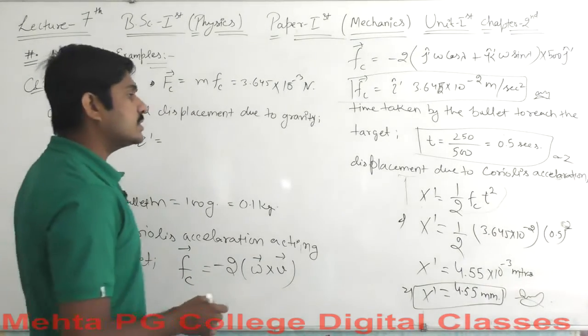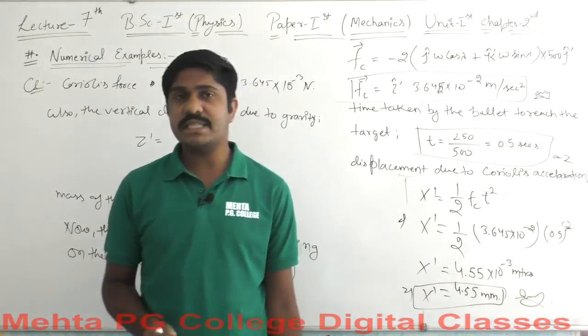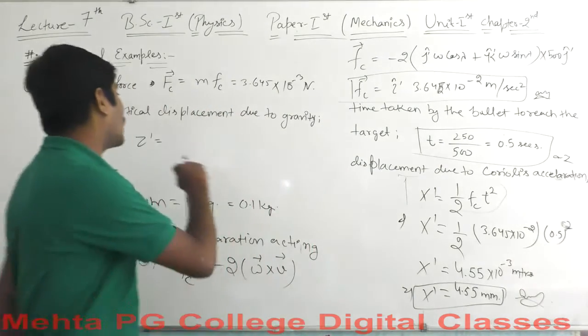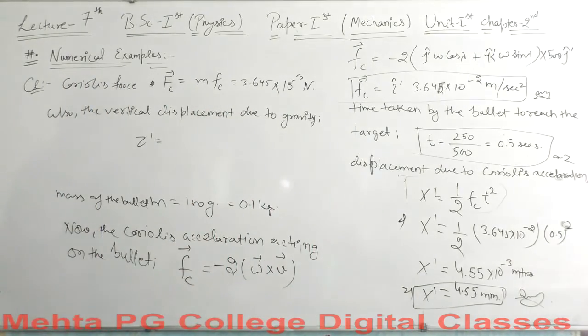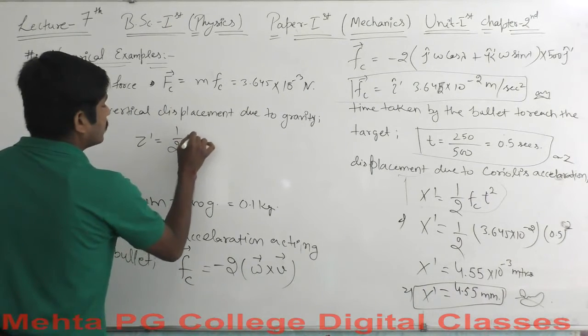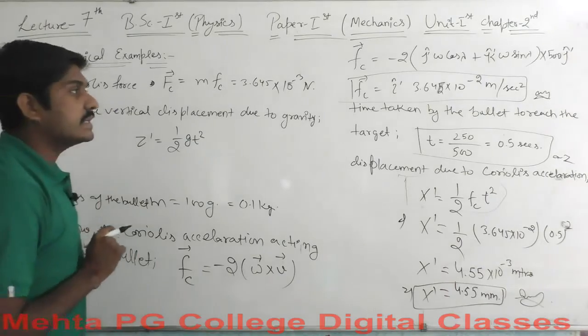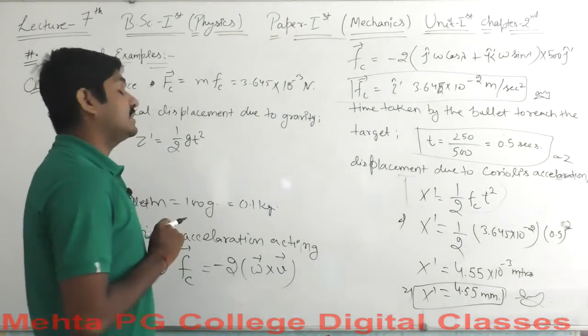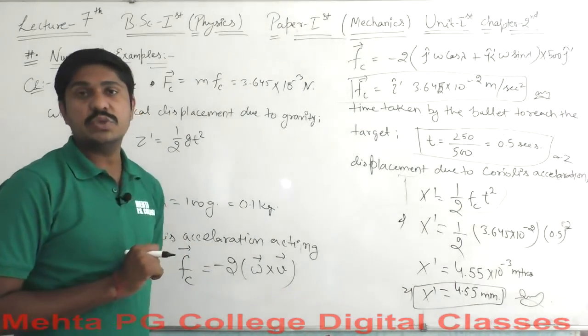You know that the horizontal displacement is towards the x-dash axis, and let's say the vertical displacement is towards the z-dash axis, and that is equals to half gt square, because there is the acceleration due to gravity. In case of vertical acceleration, the acceleration is due to gravity there.